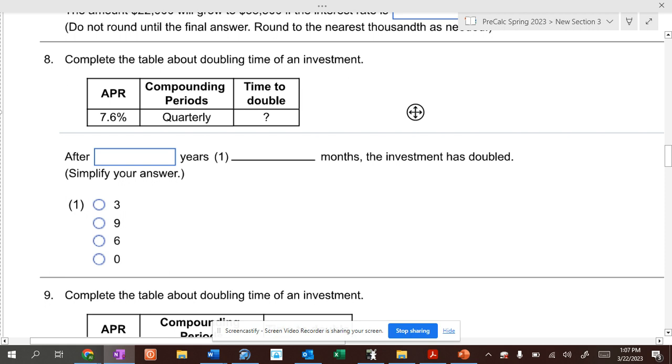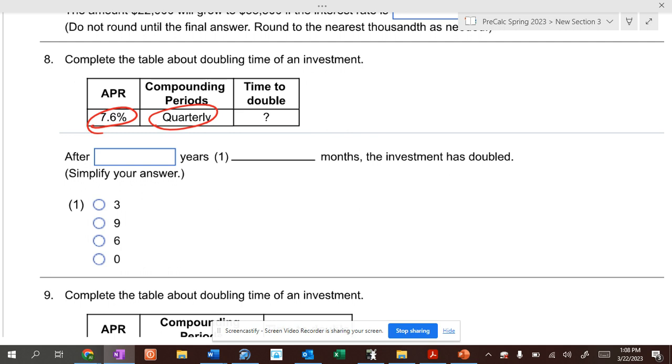Okay. So how long does it take to double? Mrs. Olson teaches about the Rule of 72. You just take 72 divided by the interest rate, and you get the time it takes to double. But when you're dealing with APR, it's not exactly the same way.